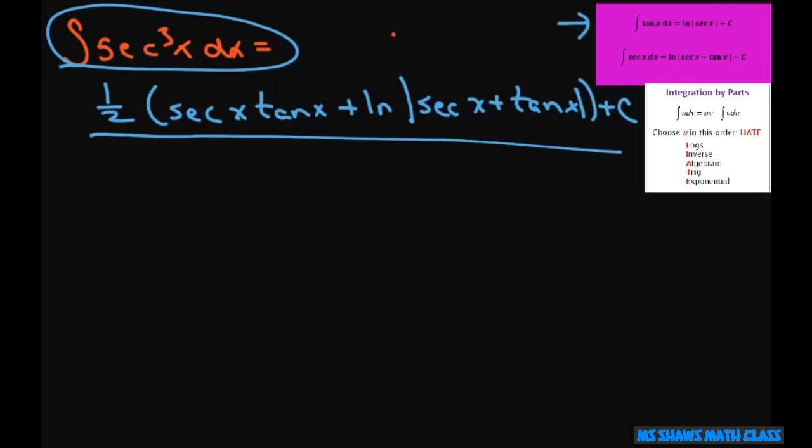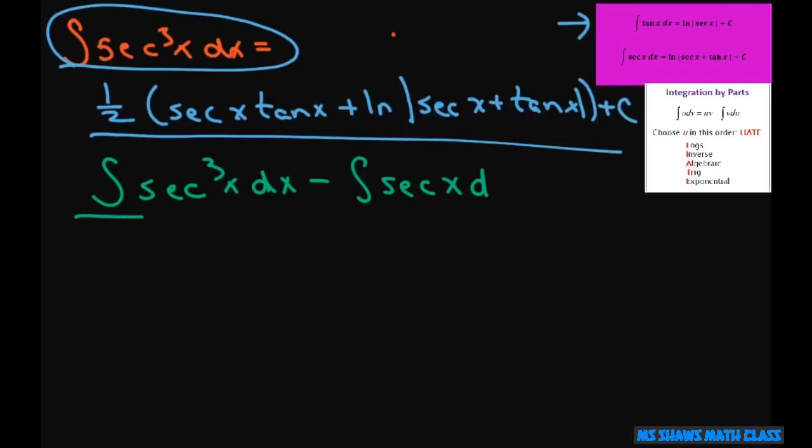Now we're going to finish this up. We still have minus secant x. So let's go back to what we had. We had secant cube x dx minus integral secant x dx.